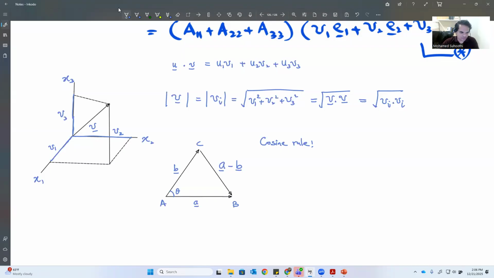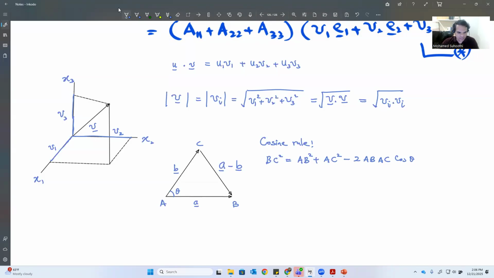If you apply the cosine rule, you will get BC squared equals AB squared plus AC squared minus 2 AB AC cos theta.